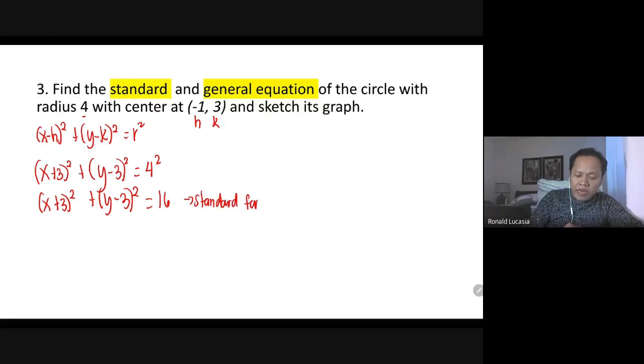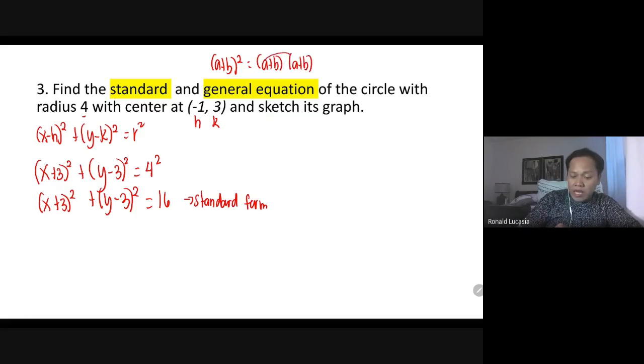Now to find the general form, we'll have to expand (x plus 1) quantity squared plus (y minus 3) quantity squared. Remember the square of the binomial, that's (a plus b) quantity squared, that's (a plus b)(a plus b).